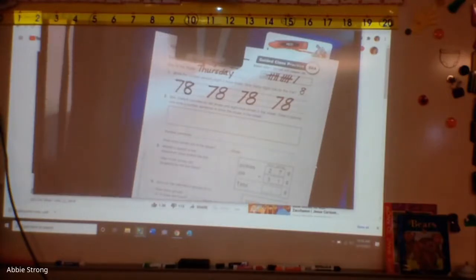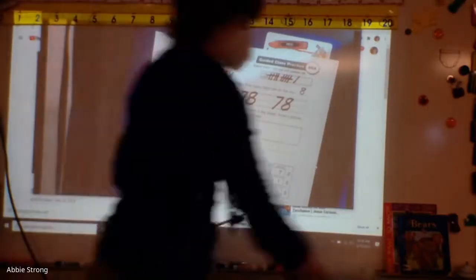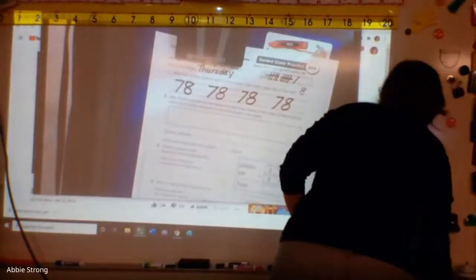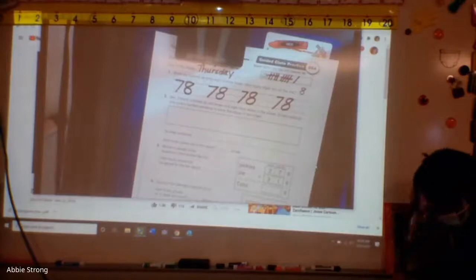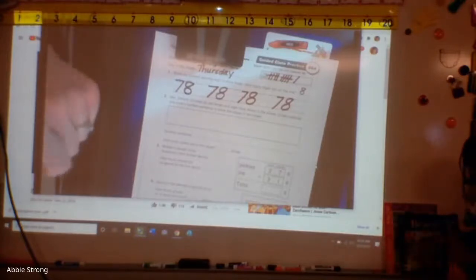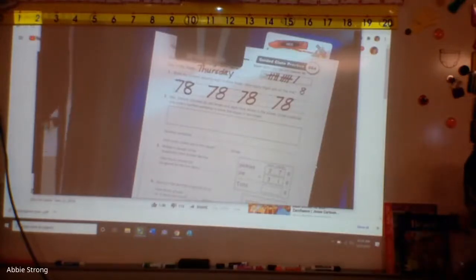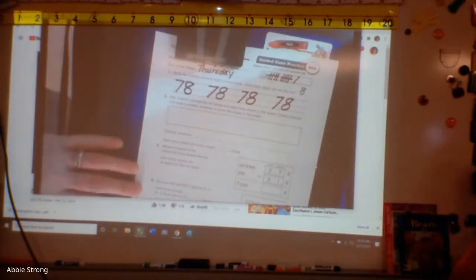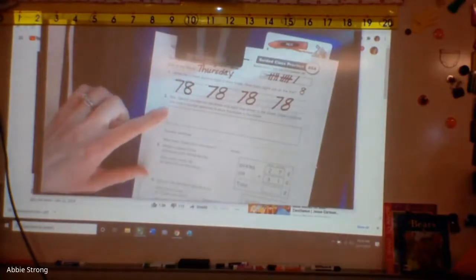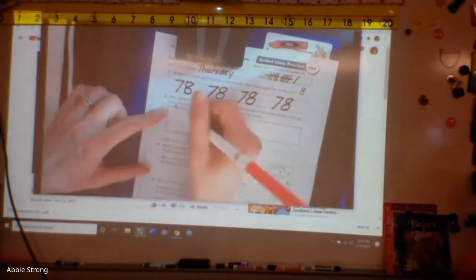Okay? 6 red shoes. We're just going to do circles. You don't have to do fancy shoes. So let's do 6 red circles or ovals.